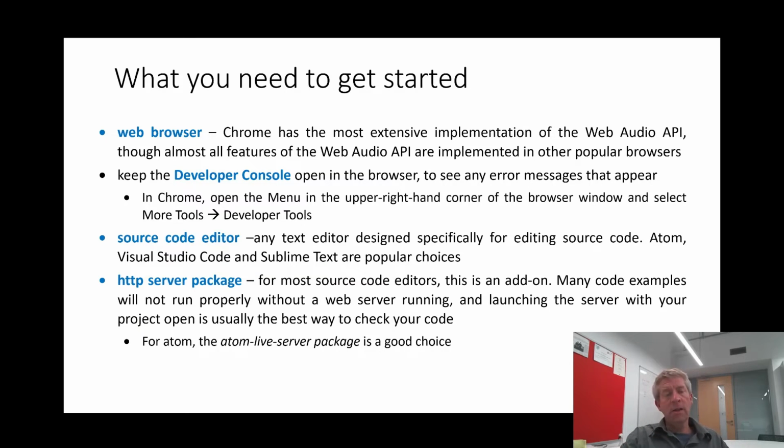And finally, you need an HTTP server package. That is, you need some way to run a web server while testing your code. It's not needed for all of the examples we will give, but there are a few examples that won't work without a web server. For most source code editors, this is an add-on, some sort of plugin. For Atom, we use the Atom Live Server package, which is probably the most popular web server available for Atom.